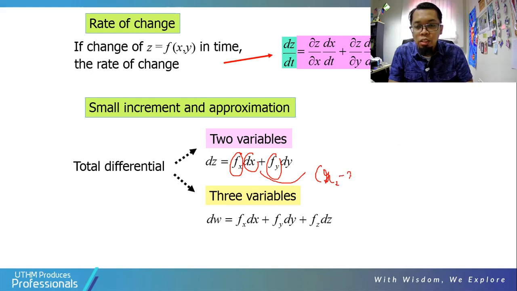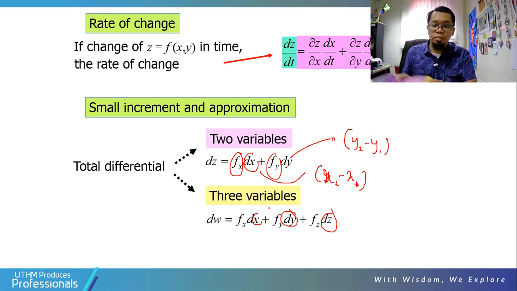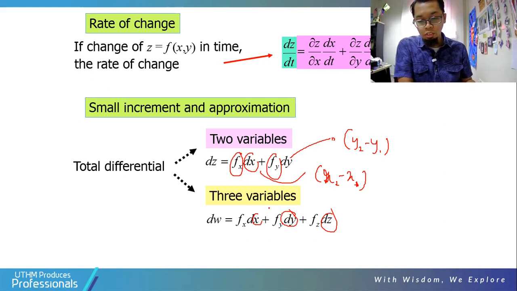x2 minus x1. Point x2 minus x1. dy, point y2 minus y1. Okay, similar. dz, dy, dx. Is it correct? Let me check again, is it correct? I'm afraid of giving the wrong information.